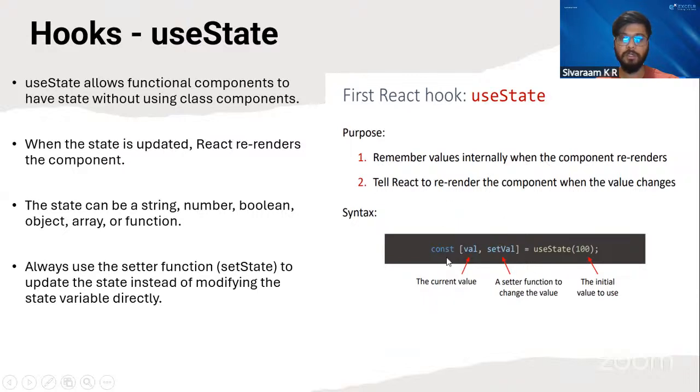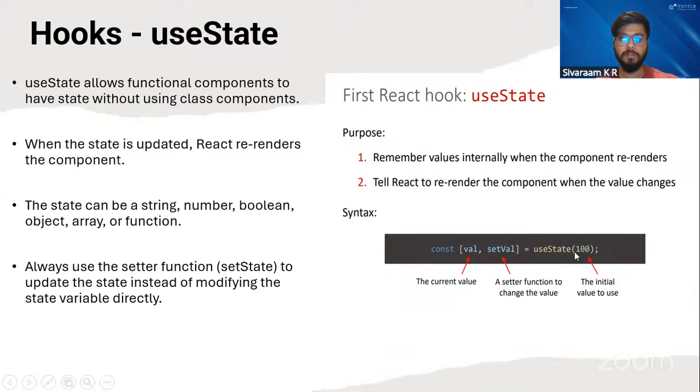So when you destructure, the first value is your variable value, which is your current value. And then the second value is something called a setter function. The typical concept here is, whenever you want to create a variable so that when the variable changes React will re-render it, you need to use useState, and then you need to set a default value.